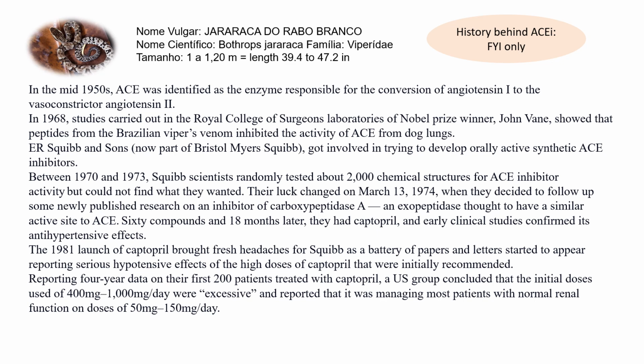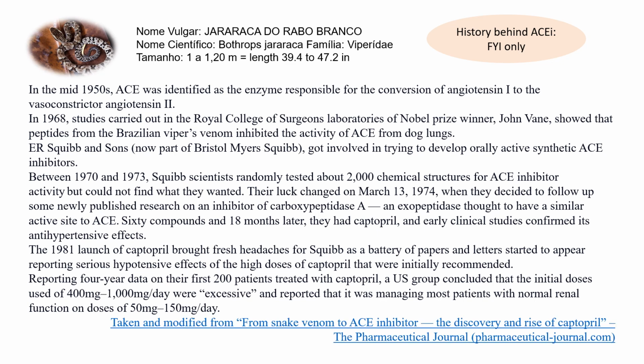Reporting 4-year data on their first 200 patients treated with captopril, a U.S. group concluded that the initial doses used of 400 mg to 1,000 mg per day were excessive and reported that it was managing most patients with normal renal function on doses of 50 to 150 mg per day. Now that we know better, the maximum dose of captopril is typically 100 mg daily.